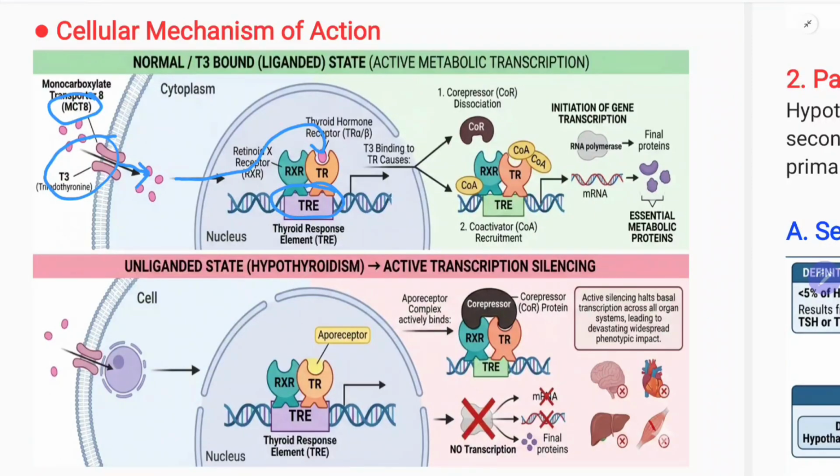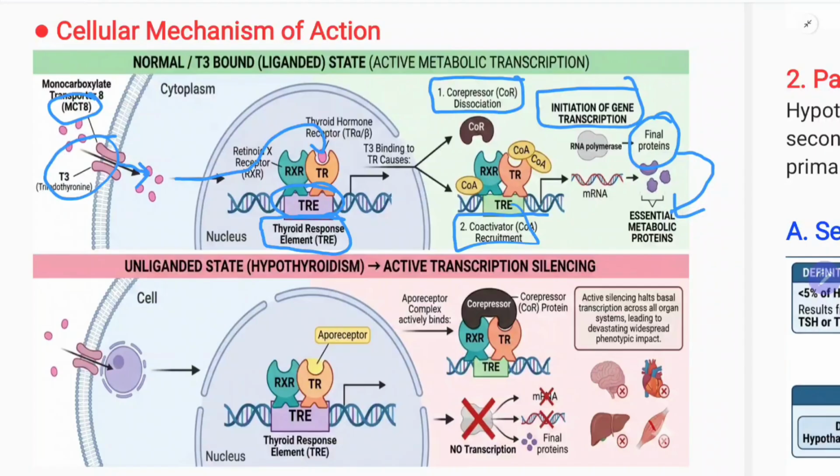By acting on the DNA, at the thyroid response element, T3 binding to the thyroid receptor causes co-repressor dissociation and co-activator recruitment, and then there is initiation of gene transcription.